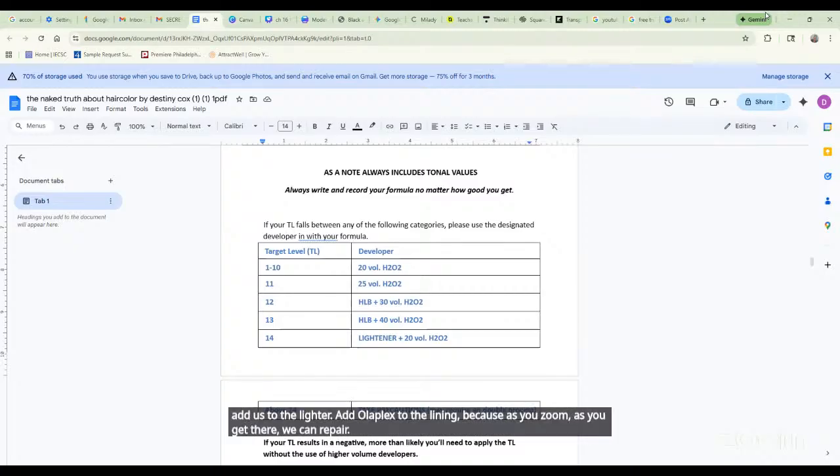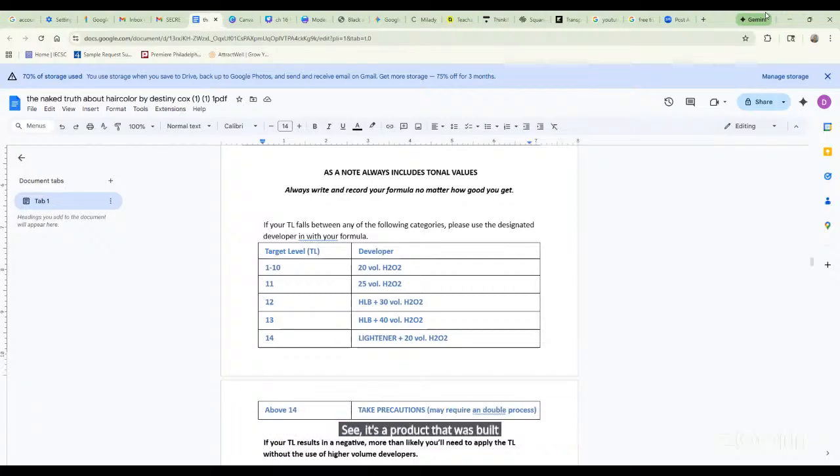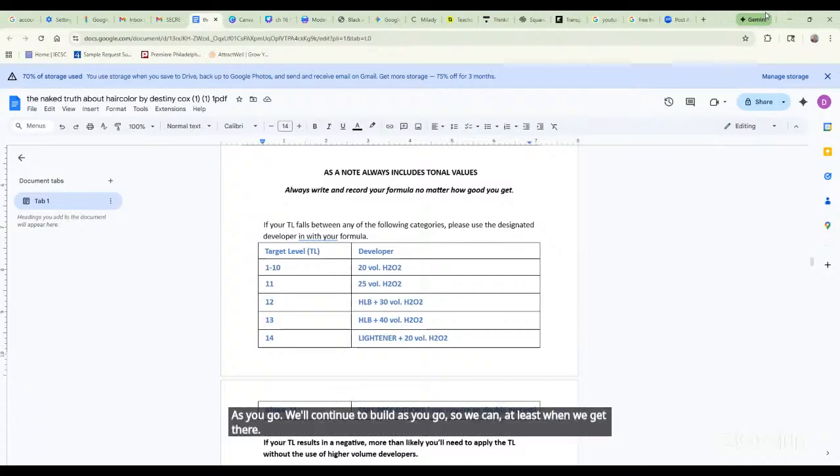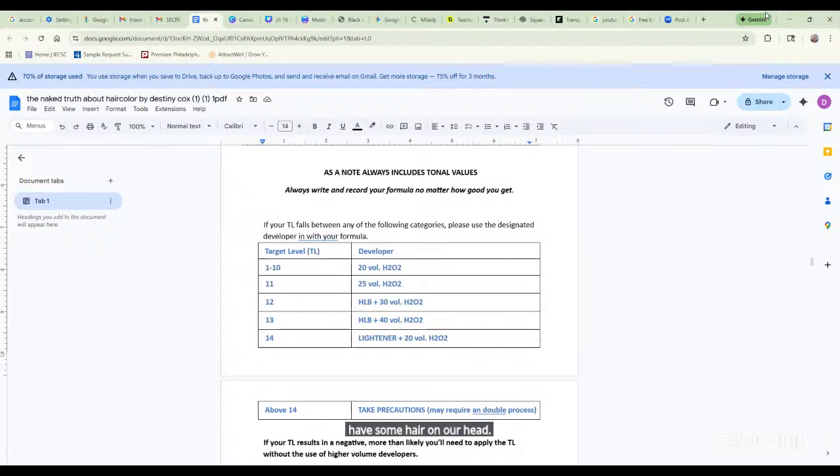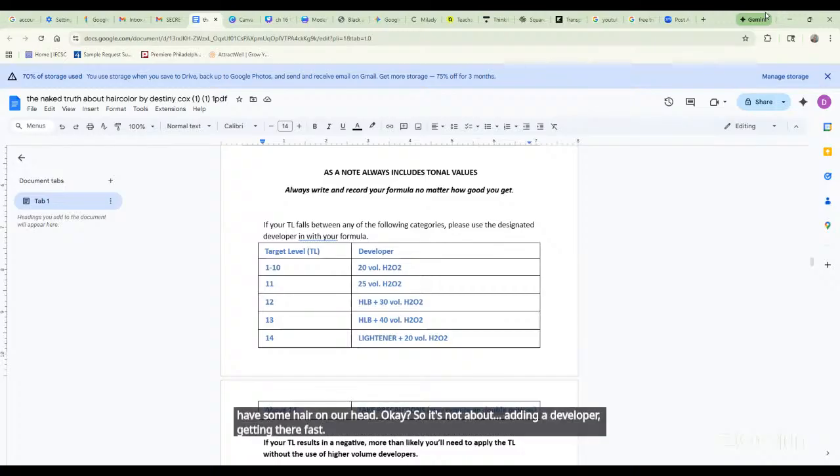See, it's a product that was built to already know there's going to be some damage somewhere. Somewhere is going to be some compromise. So add us, and we're going to continue to build as you go, so we can, at least when we get there, have some hair on our head.